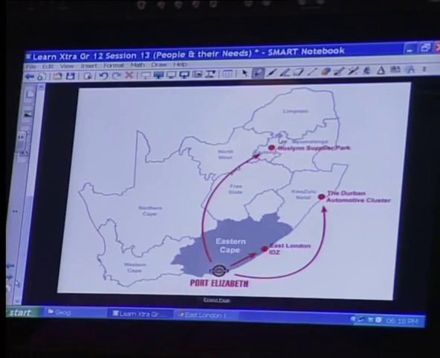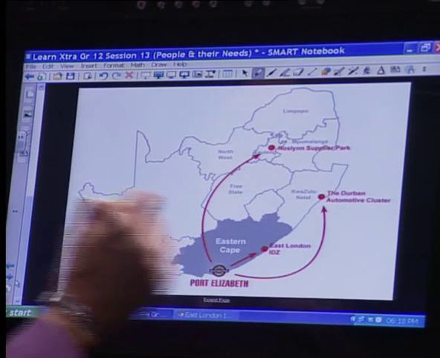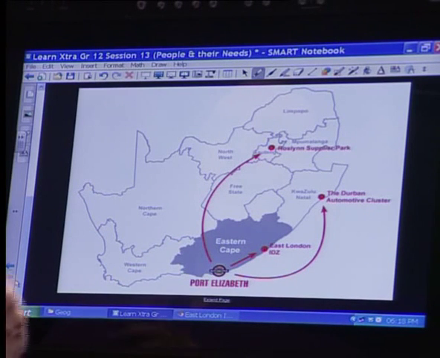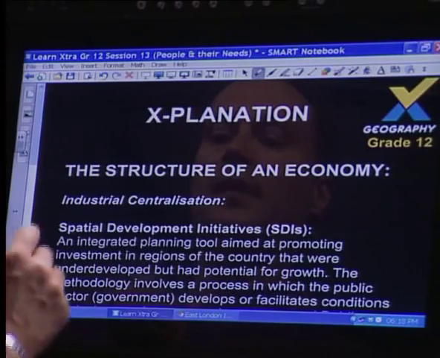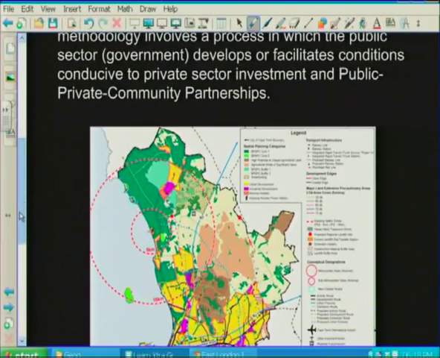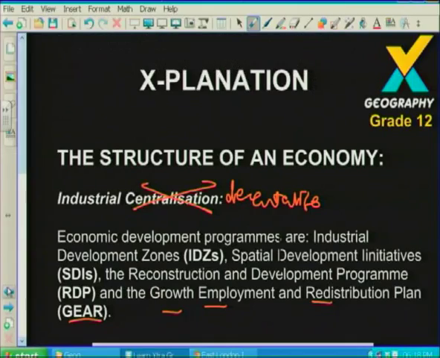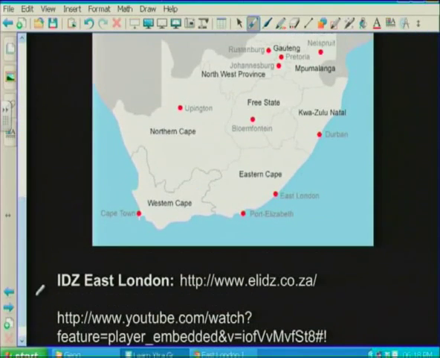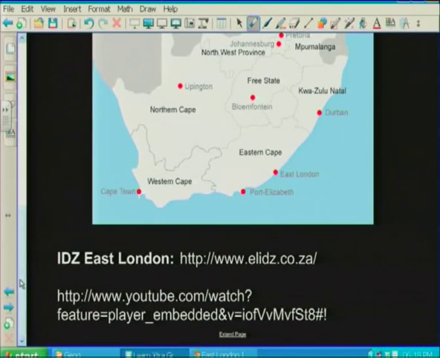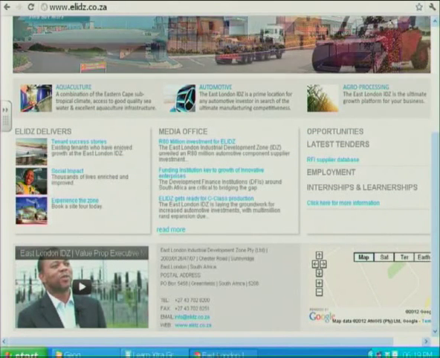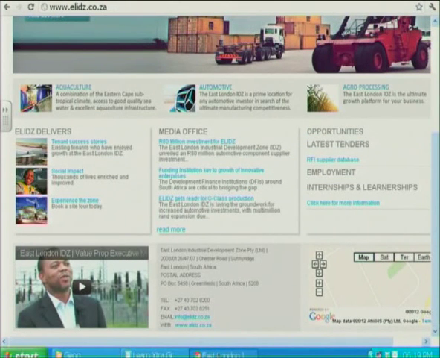Now, if you look here at the example of the Port Elizabeth IDZ, and East London has got their own IDZ, there's a nice website that you can visit to find out more about that. If you go to these web links in your notes, you'll see a website, which I've already got over here. It's called the East London IDZ.